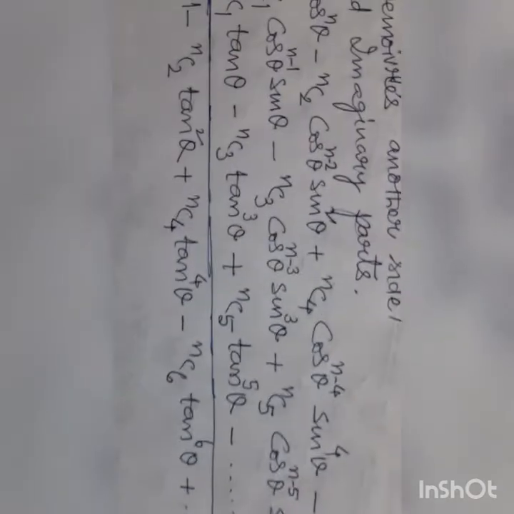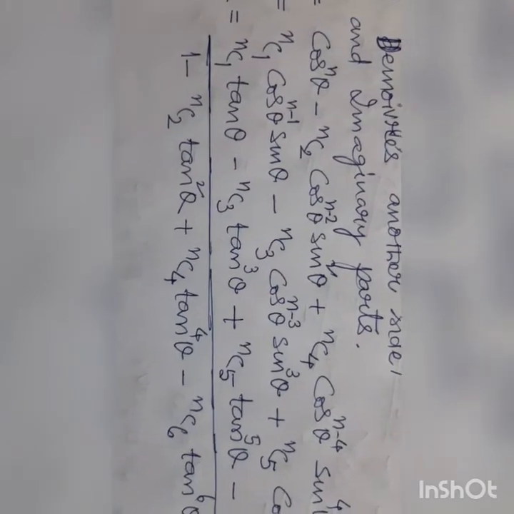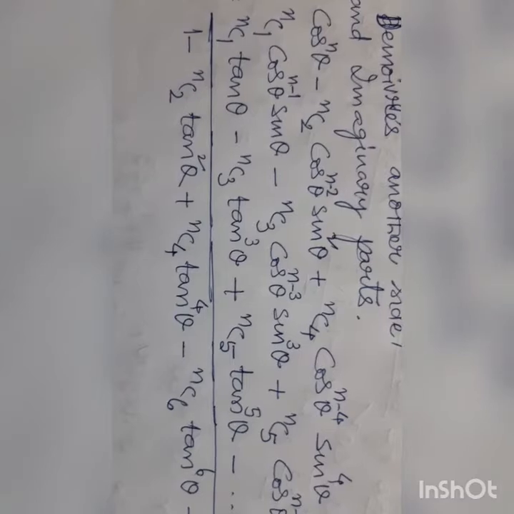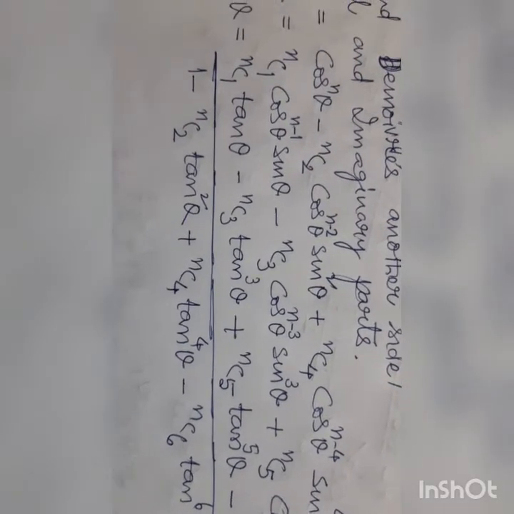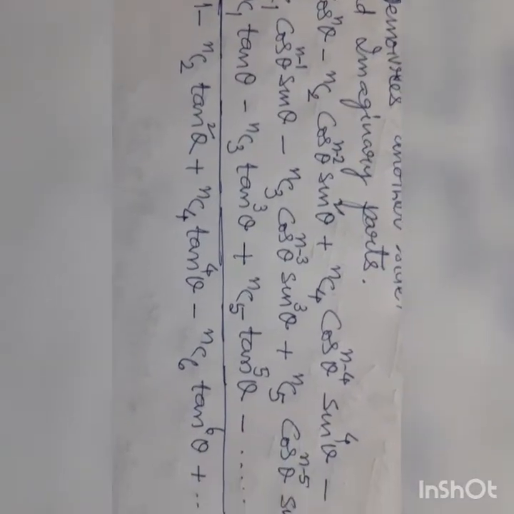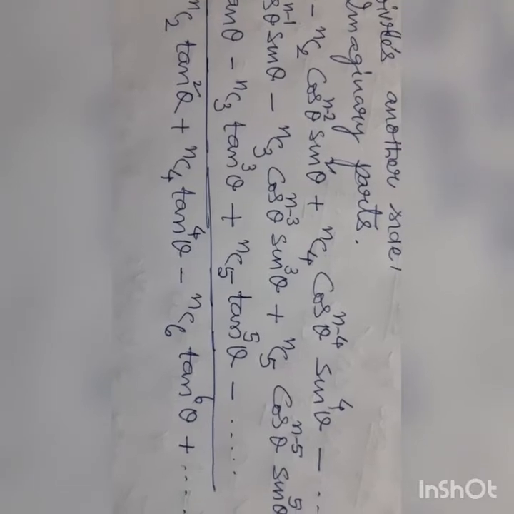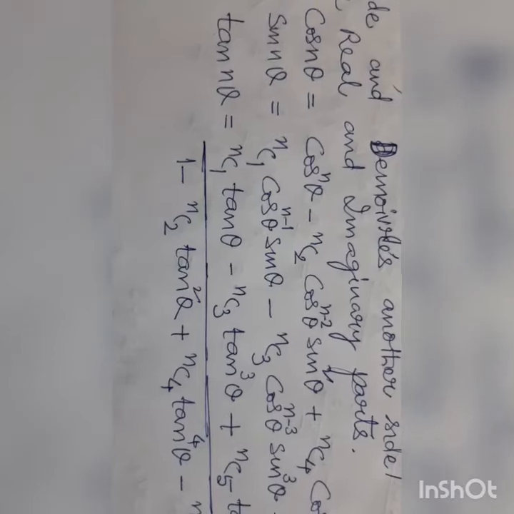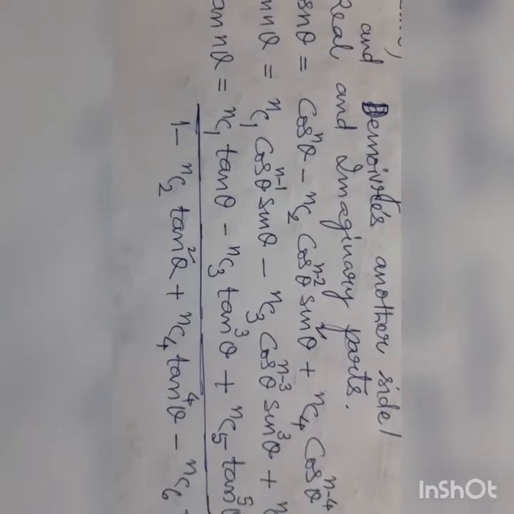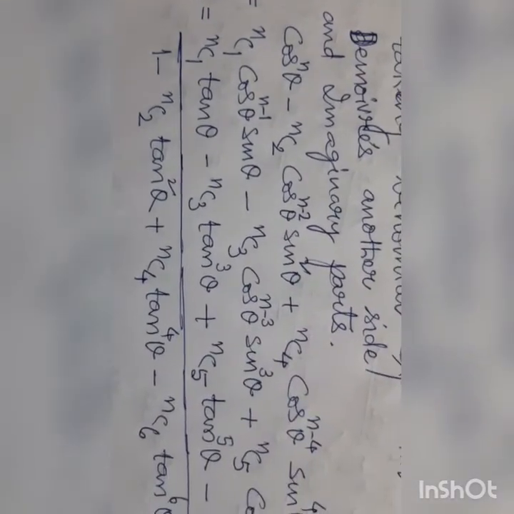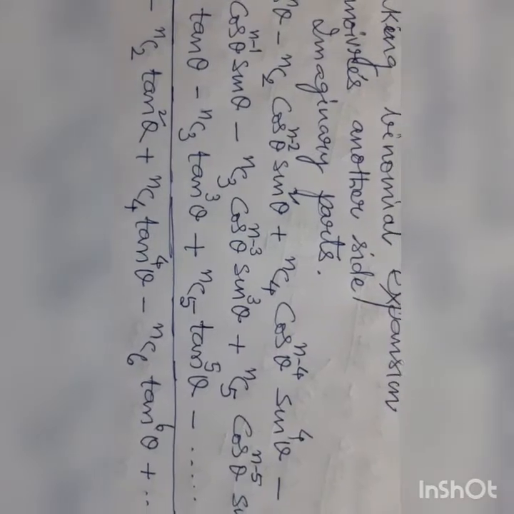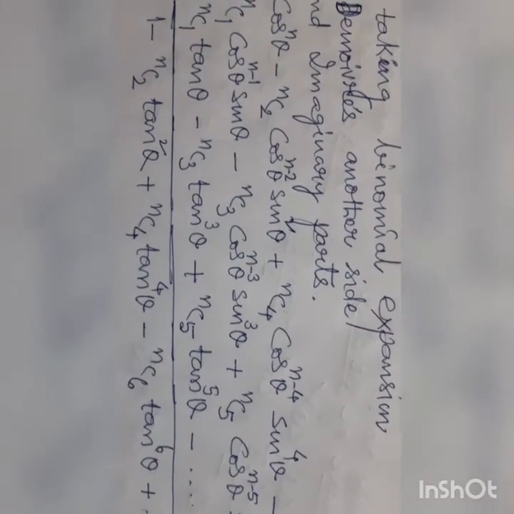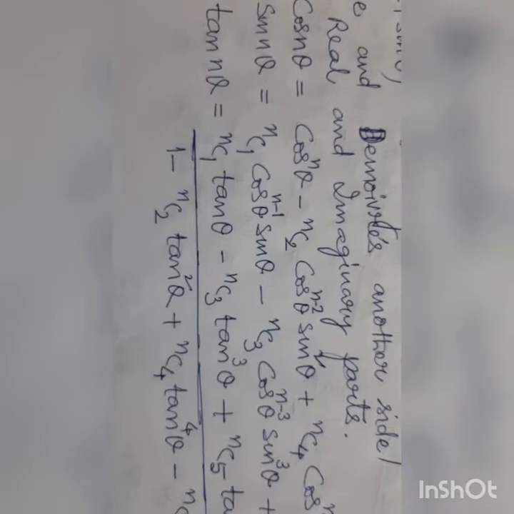So here also alternately plus and minus will be coming. But nC1, nC3, nC5, nC7, nC9 will be coming. In the cos n theta expansion, nC0, nC2, nC4, nC6, nC8, nC10, and so on will be coming. That should be observed by you.